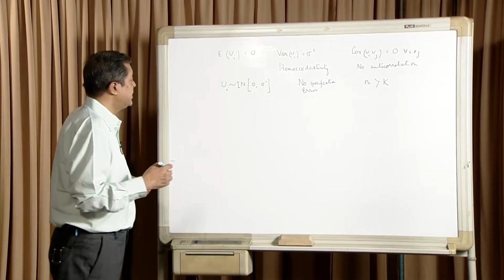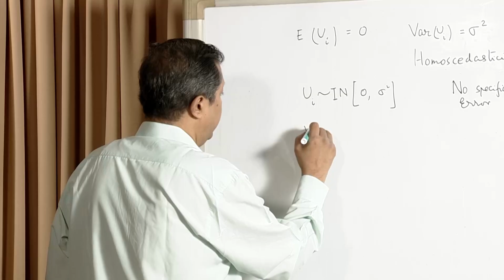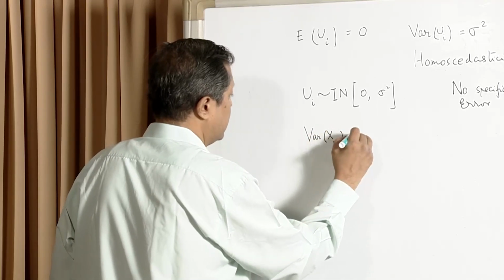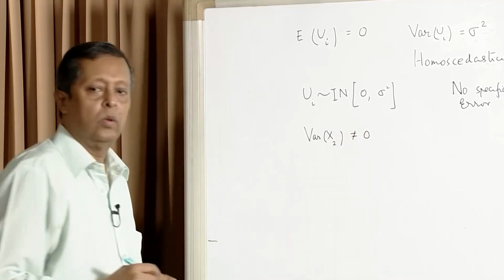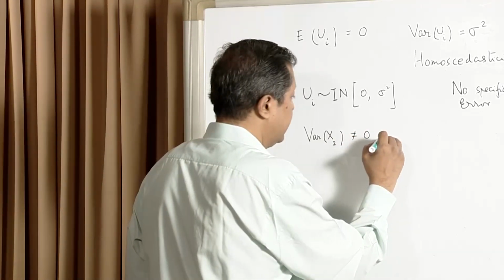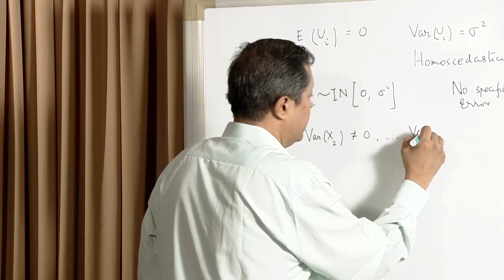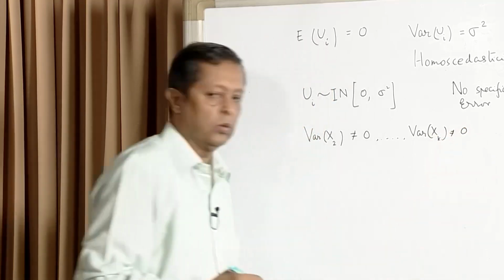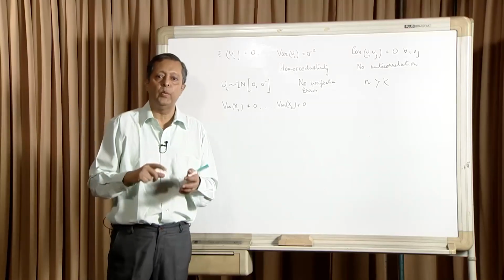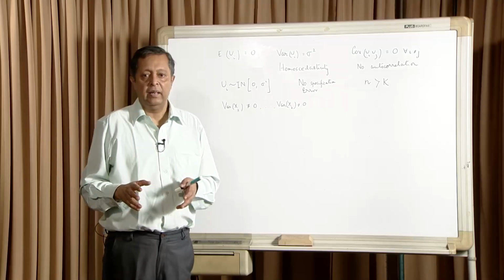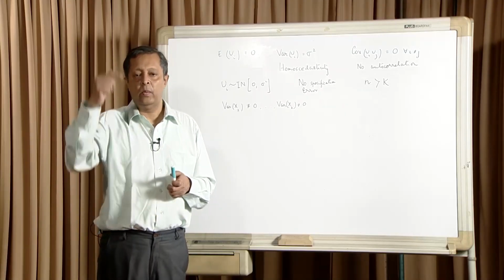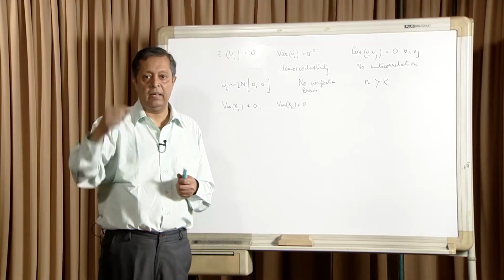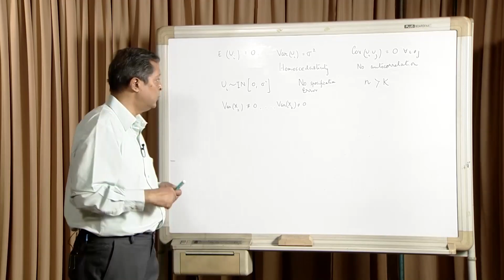Further, we say that variance of each of the explanatory variables is not equal to 0. In this case, variance of x k is not equal to 0. That means, for each variable that we are using as a regressor, each of the explanatory variables will have values which are not constants. It will have a variance, it is not equal to 0.